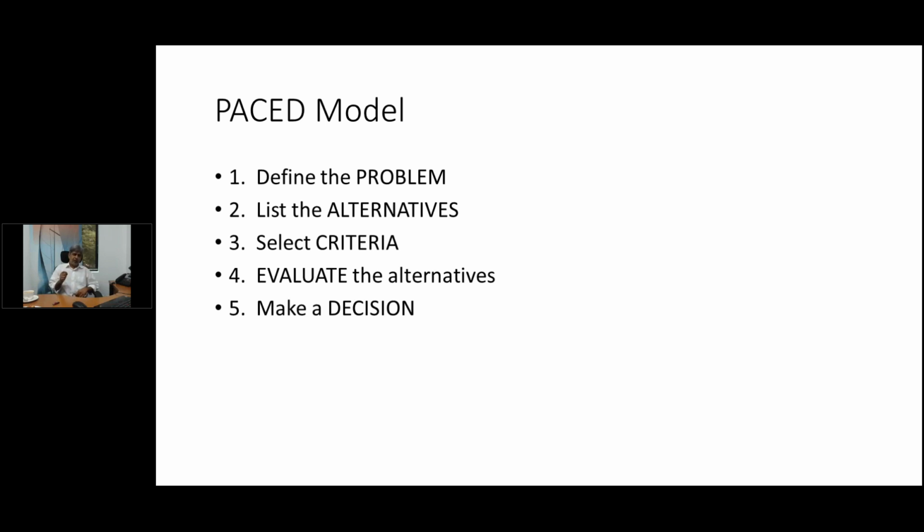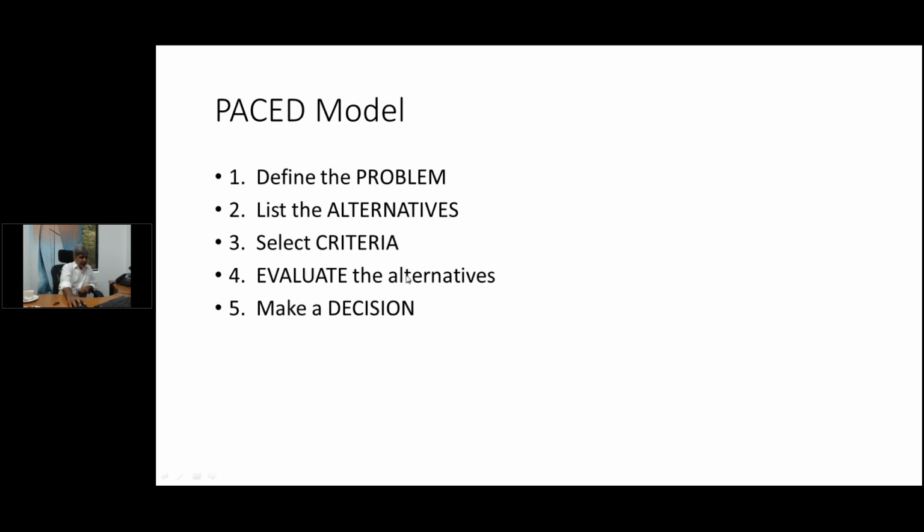So maybe we want to perform a particular activity in less time, then our criteria is time. If we want to have quality, then we need to look into it from a different perspective. So selection of the criteria is important as well. Normally in business we have three major criteria: one is the time, another is the cost, and the third one is the quality.